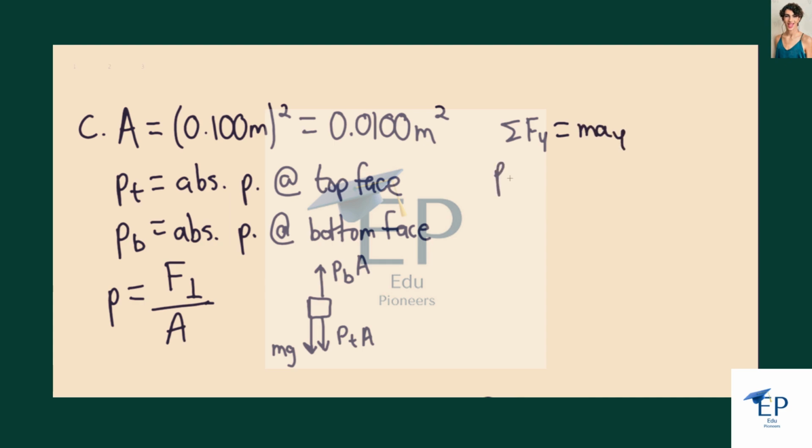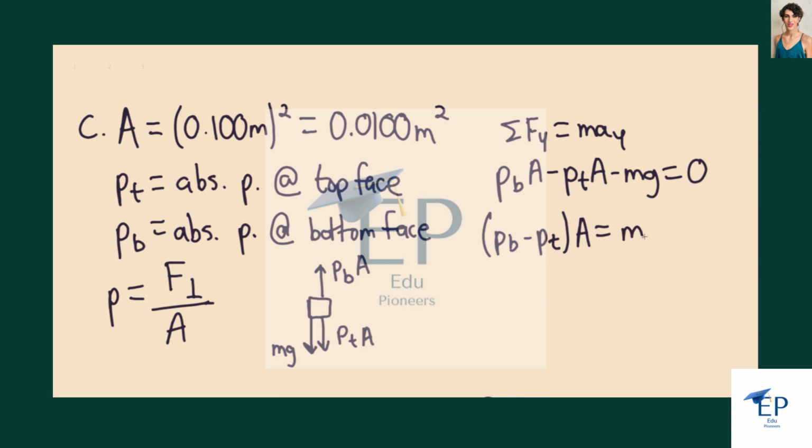The absolute pressure at the bottom face times the area, minus the pressure at the top face times the area, minus mg, equals 0. And so we see that the absolute pressure at the bottom face minus the absolute pressure at the top face, multiplied by the area, will equal mg.